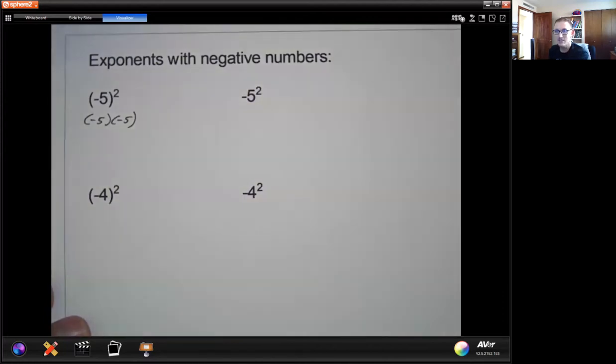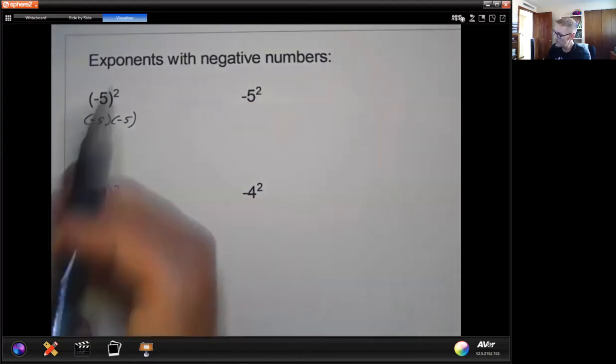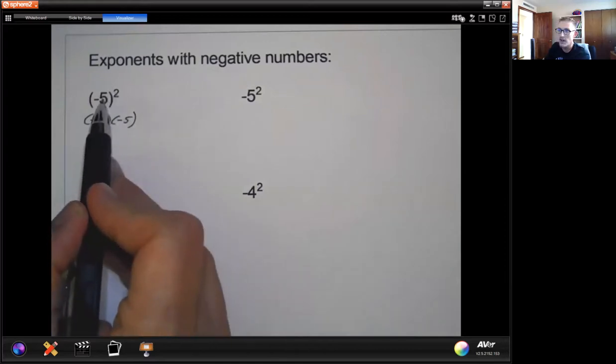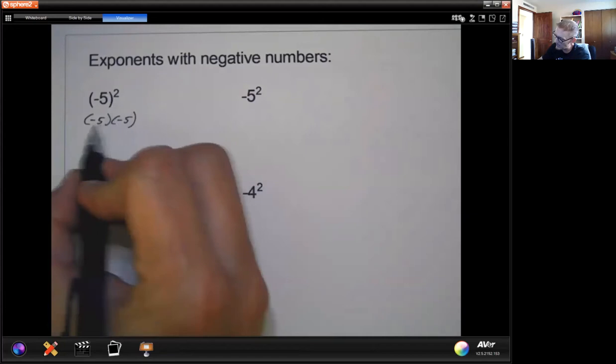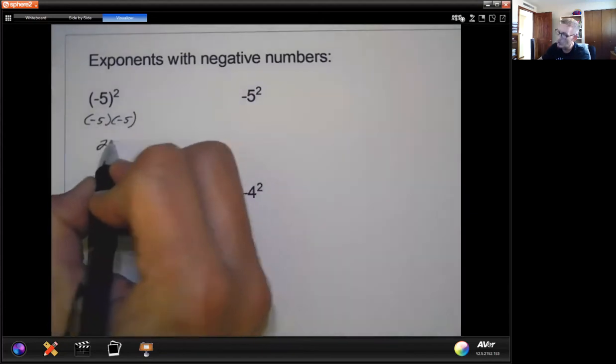Well, that's a negative times a negative. This exponent belongs to the 5 and also belongs to the negative because of the parentheses. So because of that, this is going to be a negative times a negative, or 25.